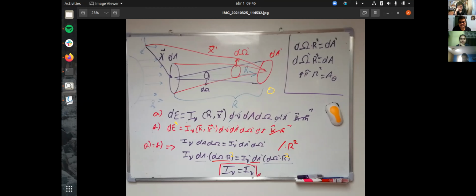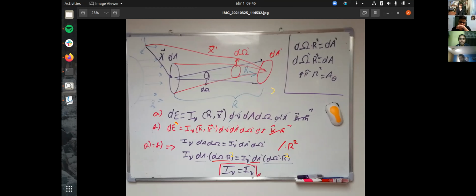When you write down the definition, if you place primes everywhere, then that would be dE prime evaluated at x prime, right? Now we are going to choose d omega prime as drawn here in Felipe's drawing.